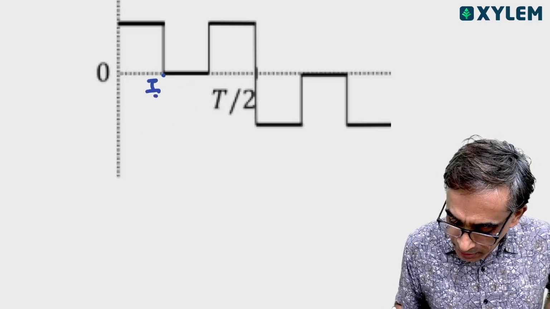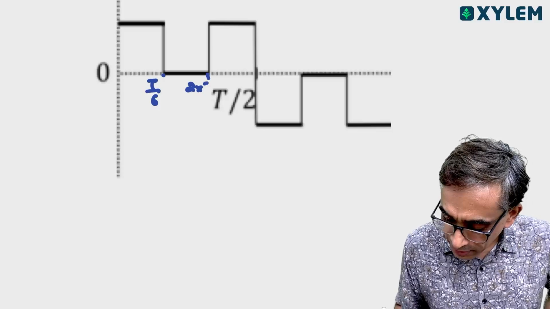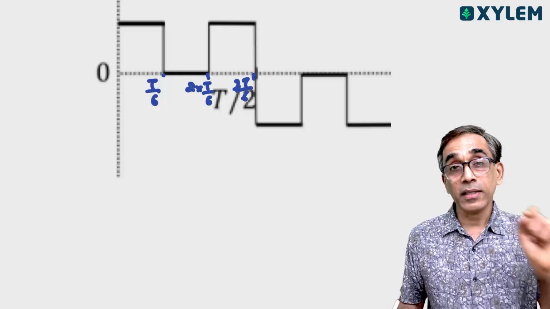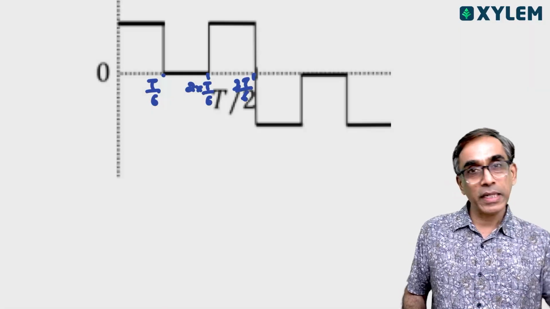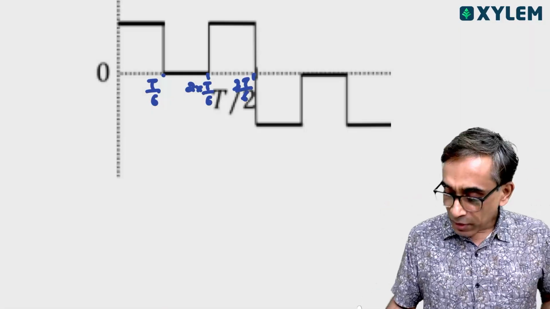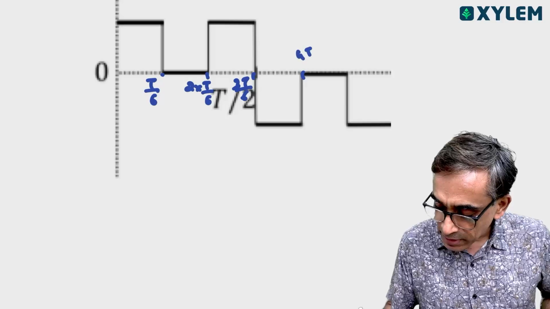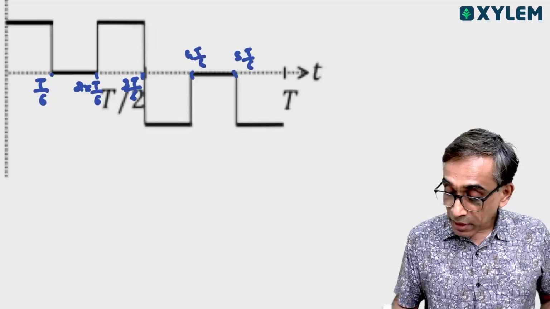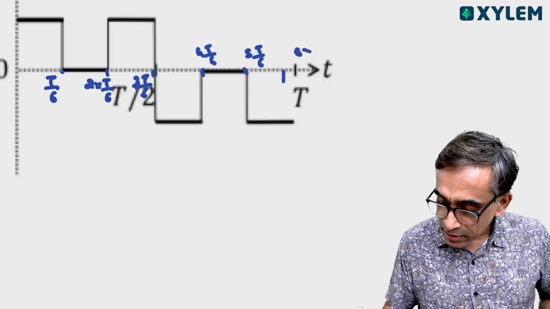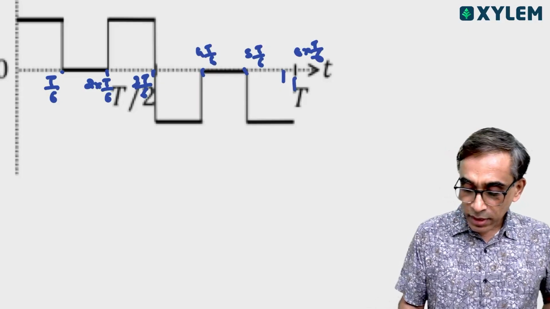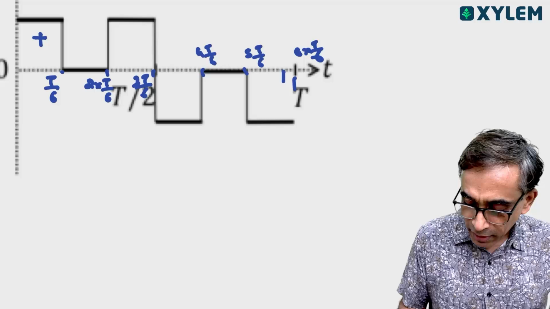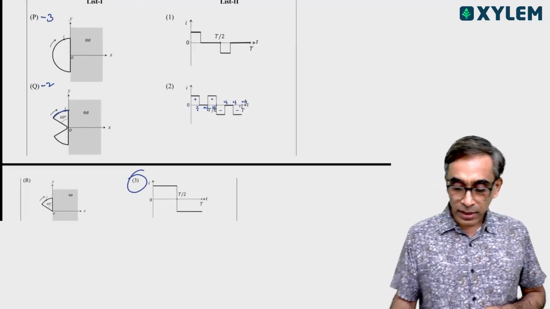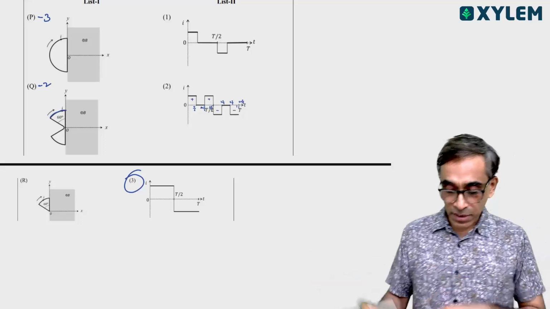First T/6, this is the second T/6, this is the third T/6, and in the third T/6, one portion is entering, the other portion will start leaving for the next 3 T/6, then the next T/6, and at the end it is 6 into T/6. So the induction is twice entering positive current, twice leaving negative current. That is option Q. Q matches with 2.